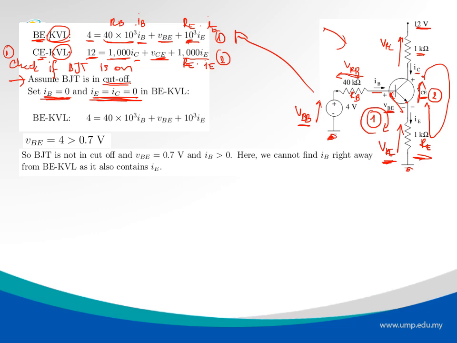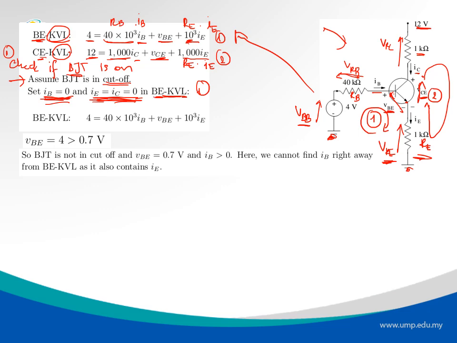We're back to checking whether the BJT is on or off. We said just now that if it is off, then IB equals 0, IE equals 0, and IC equals 0. Let's plug the values of IB, IE, and IC equal to 0 into KVL1, the BE KVL, where we have the junction BE.